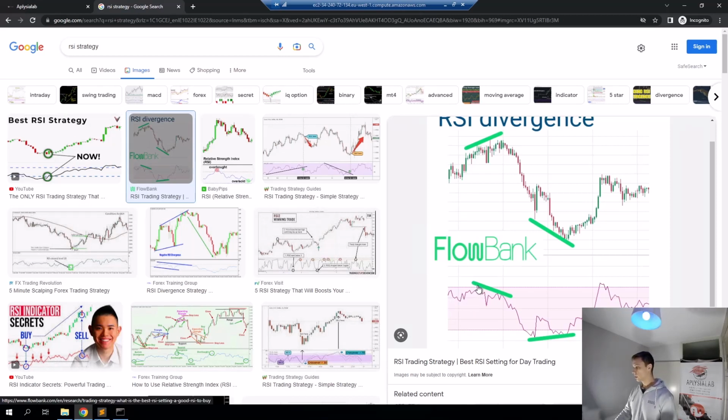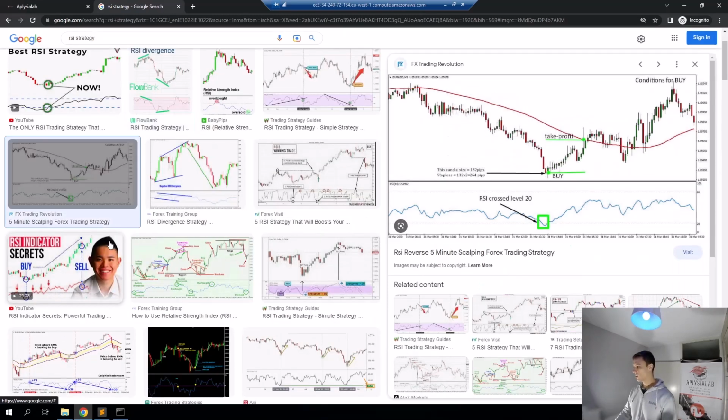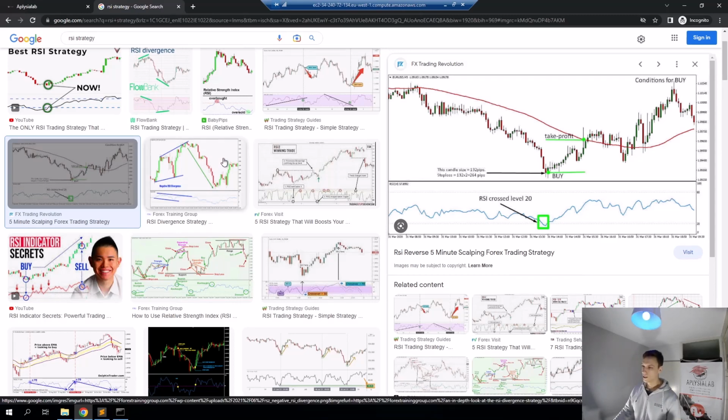When it becomes quote unquote overbought, you sell, and when it becomes oversold, you buy. It's an index that goes from 0 to 100, and once it is below 20, it's considered oversold, and once it's above 80, it's considered overbought.